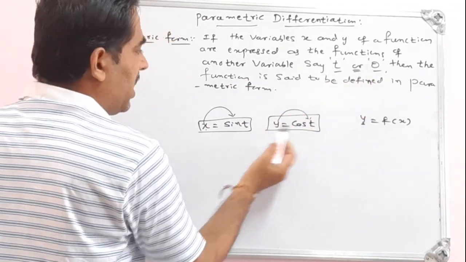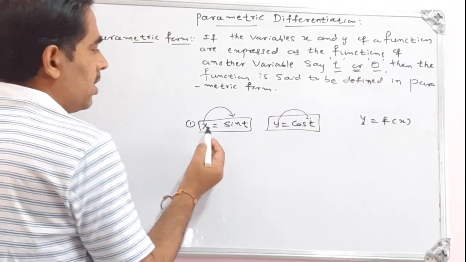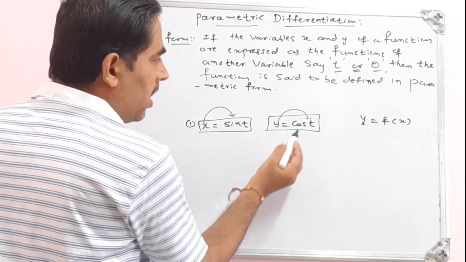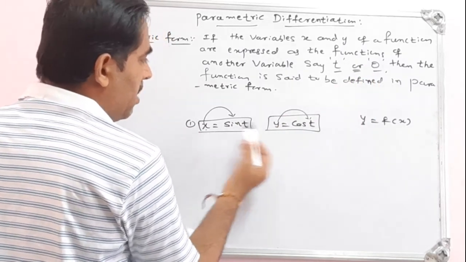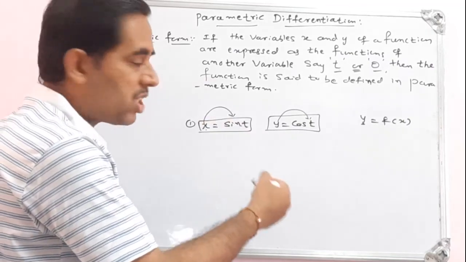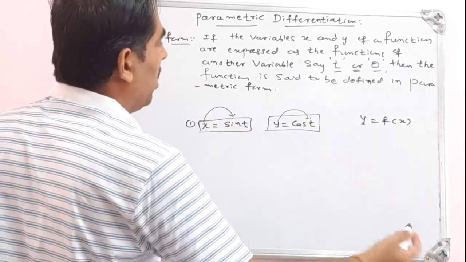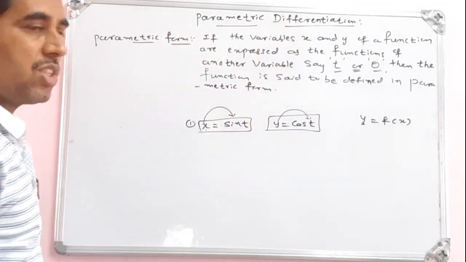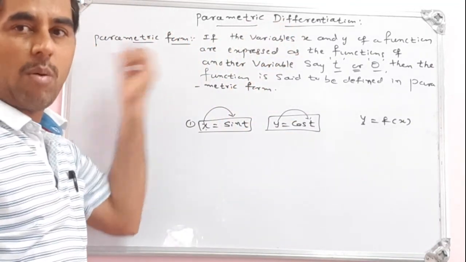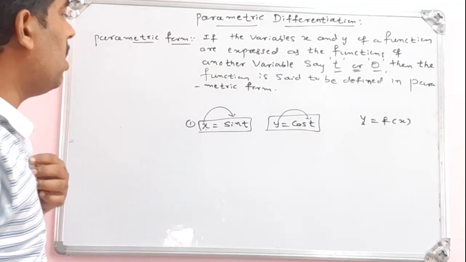I used the notation t in this case. The dependent variable y is also expressed as a function of t. Both the dependent and independent variables are expressed as functions of another variable. Such functions are called parametric functions, or they are in parametric form.